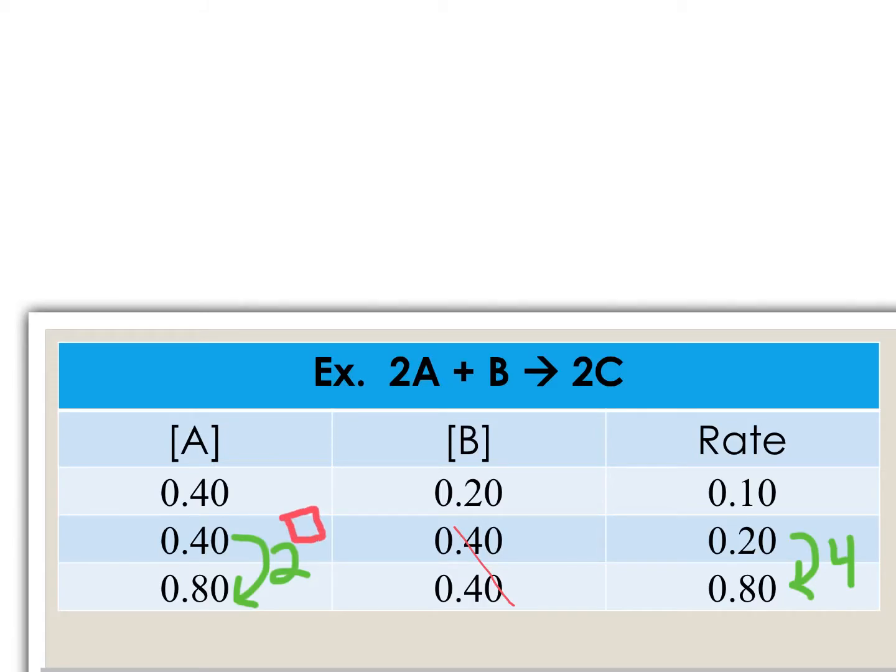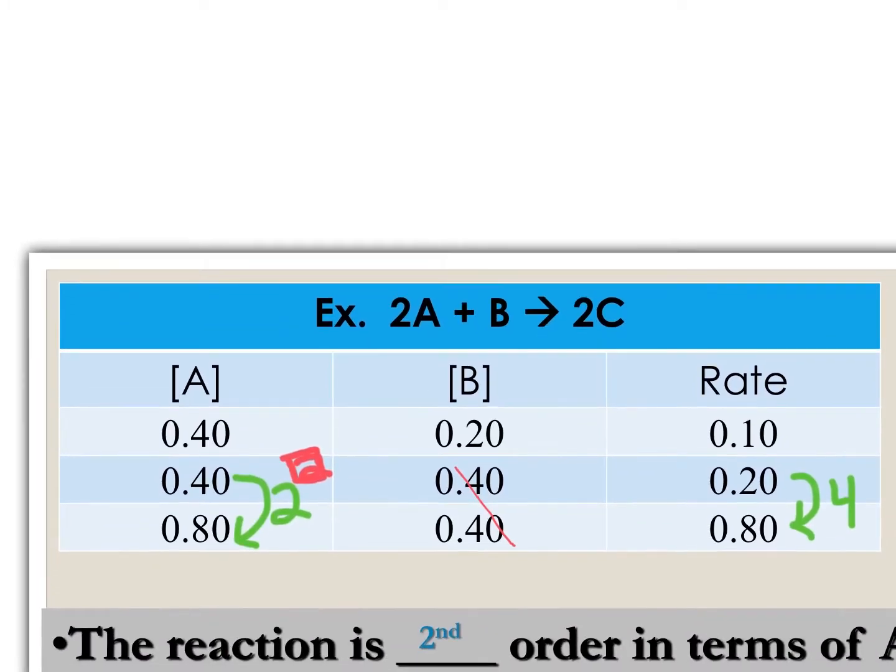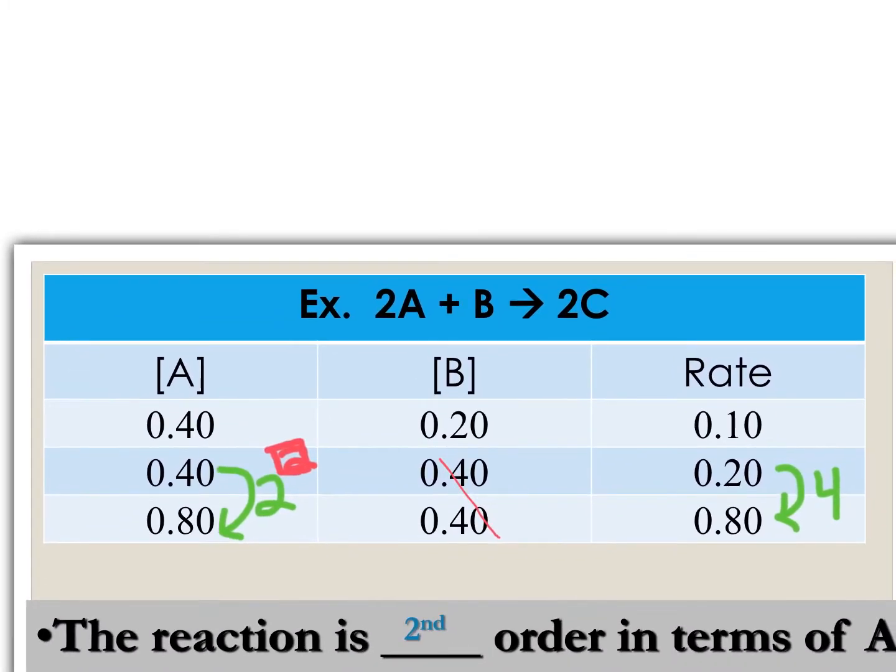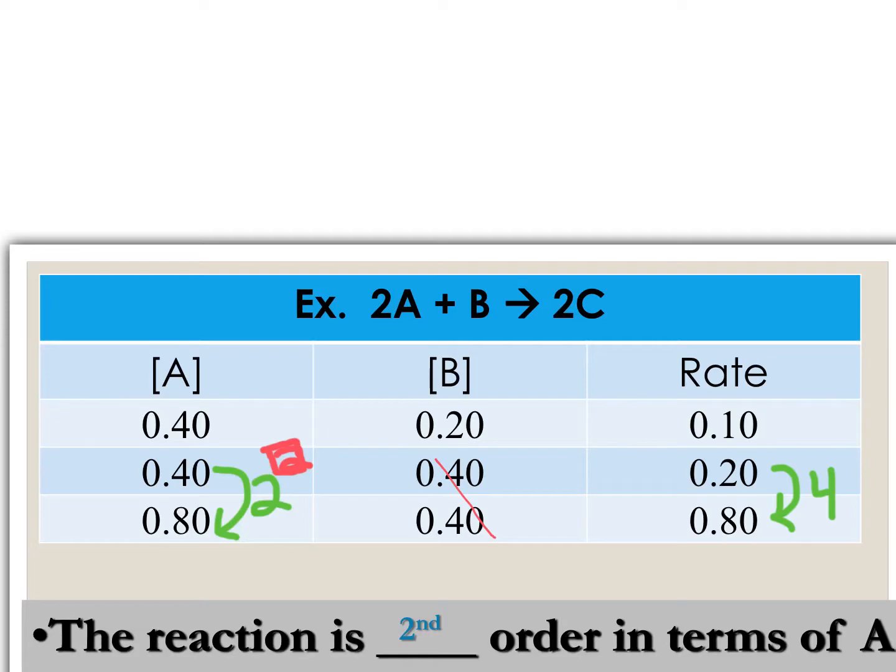Remember, order is an exponent. So 2 to the what power would create a 4 change? 2 to the second power. So the reaction is second order in terms of A.